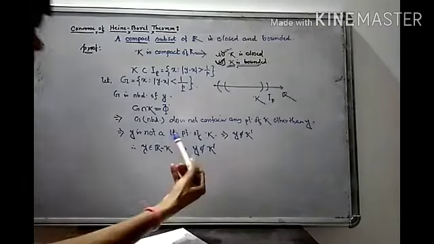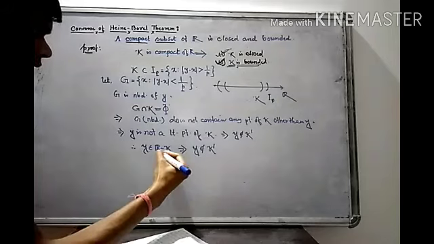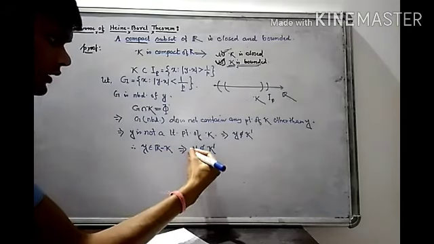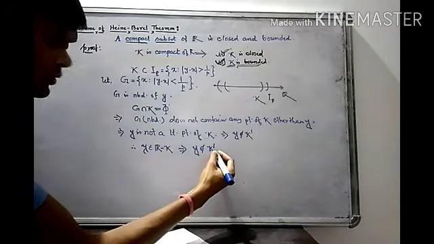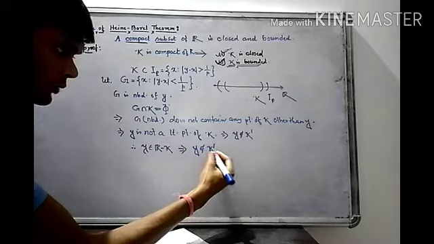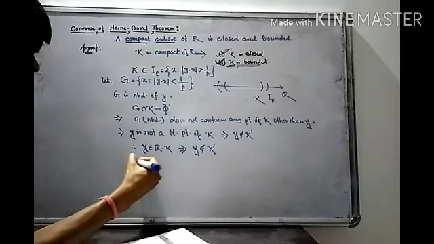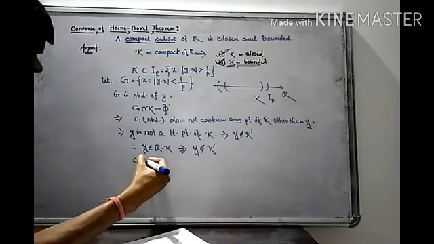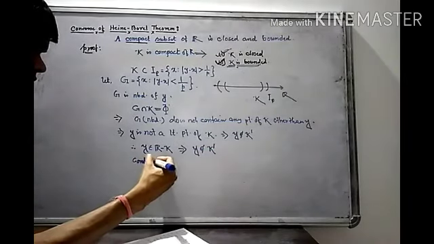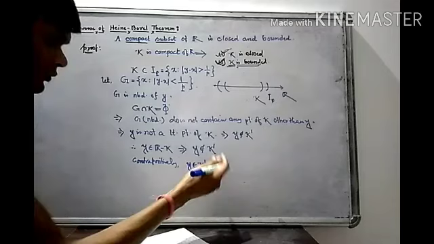Okay, here y belongs to R minus K implies that y does not belong to K prime. So what is the contrapositive?